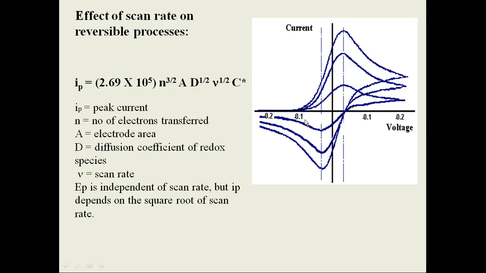EPC and EPA remain the same, only the current increases if we increase scan rate, because if we increase scan rate, we take less time to reach this potential, and current is directly proportional to 1 by t.